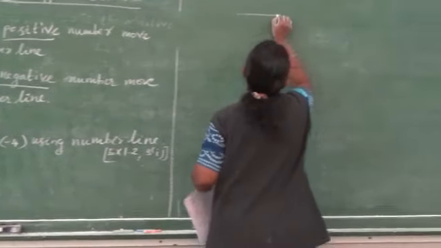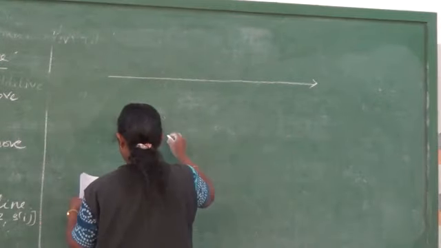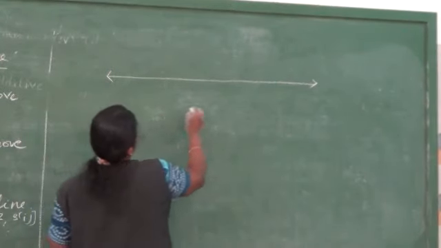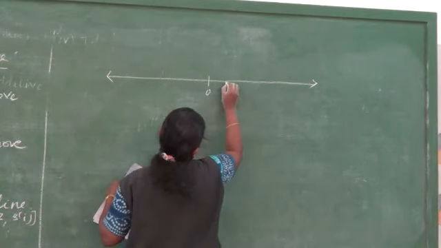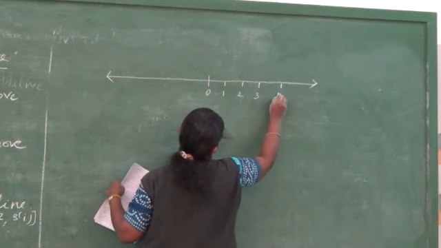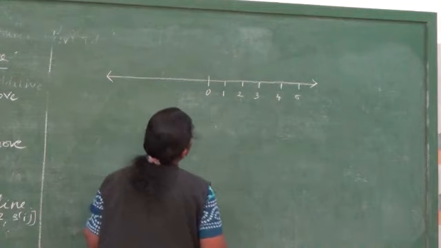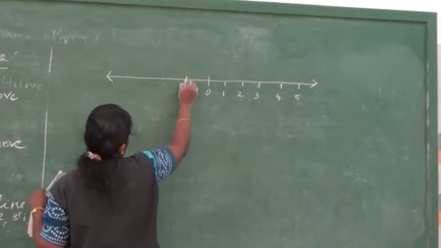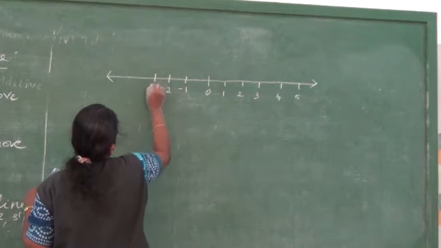Draw the number line. In the middle of the number line, you have to mark 0. To the right of 0, mark 1, 2, 3, 4, 5. Mark the points in even intervals. You should not mark them randomly. That you should always remember.